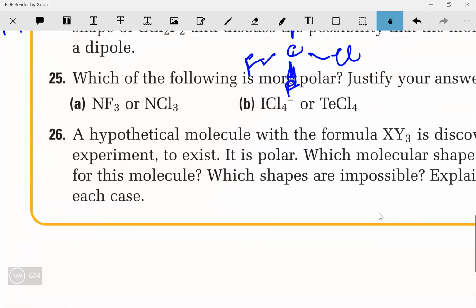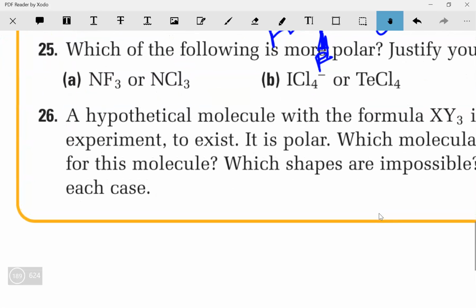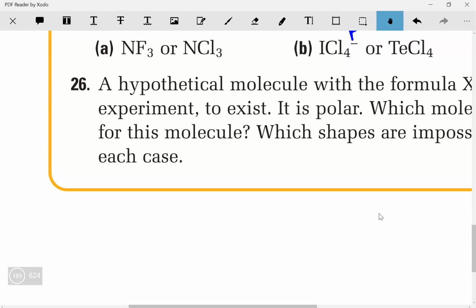NF3 or NCl3. 5 plus 7 times 3 is 26, so N, F, F, F. 26, right?